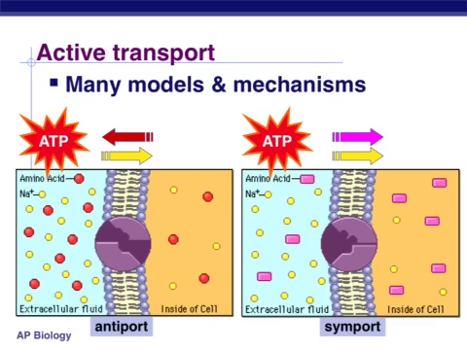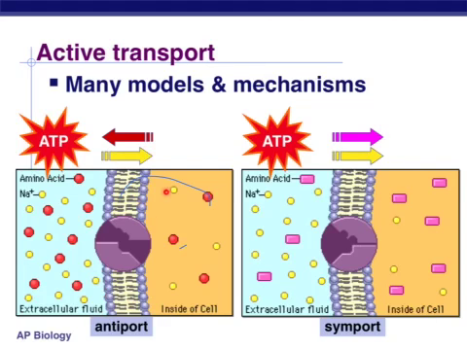So there are many different ways and many different mechanisms and models for active transport. You're probably not going to see molecules that look exactly the same, doing the exact same thing. Again, this is an animation that I'll play for you in class, but it gives an example of how there are different models for active transport.